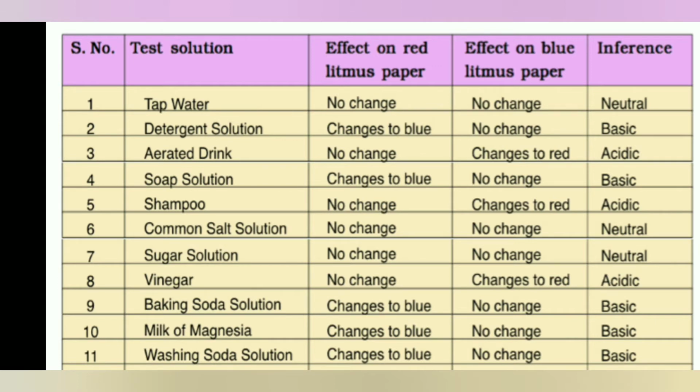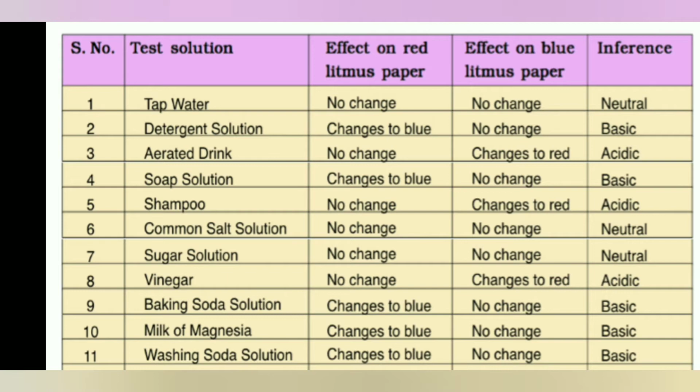Similarly, shampoo is also acidic, that is it changes blue litmus paper to red. Then we have common salt solution, here no change, that means it is neither acidic nor basic, it is neutral. Then sugar solution also shows no change, so it is neutral.